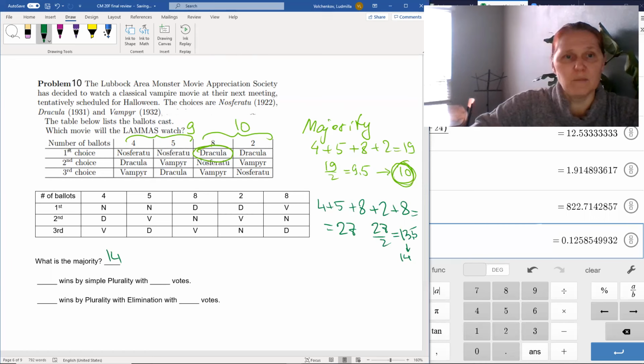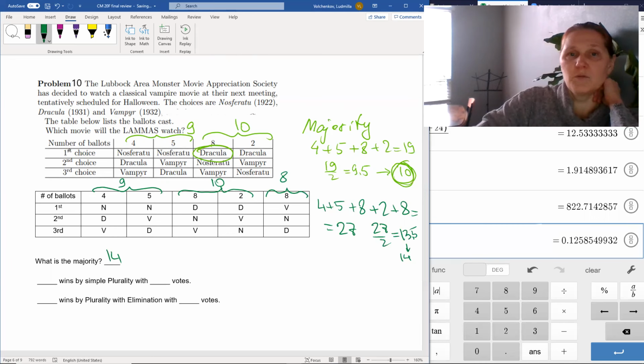So on the first step, Nosferatu N has 9 ballots for him, and Dracula has 10 ballots. It is now less than majority, and Vampire has 8. The Vampire is the weakest candidate, so we eliminate V from the table.